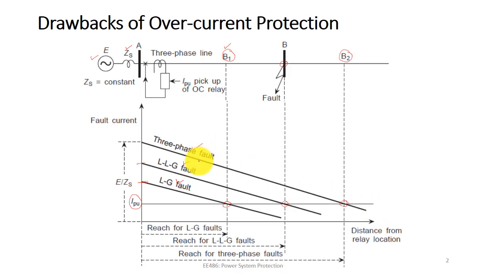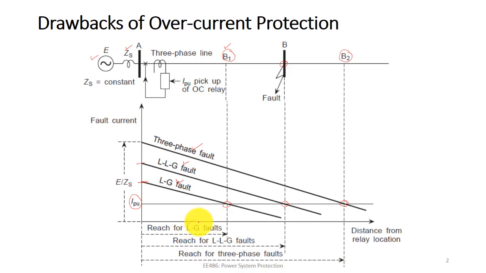That means for different types of fault, the reach of the relay varies. The three-phase fault has the highest reach, up to point B2, then the next higher reach is for the LLG fault, and the lowest reach is for the LG fault.